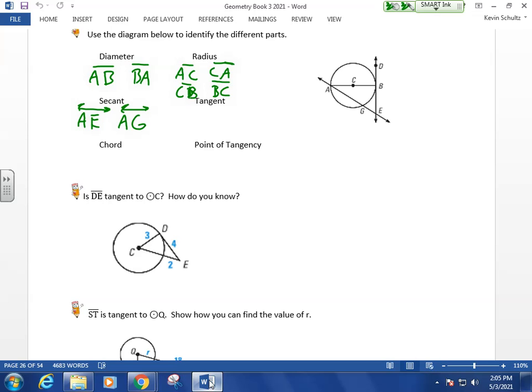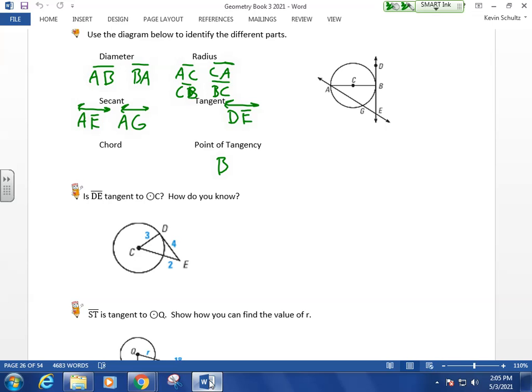Tangents. What are our tangents? Christopher? DE would be a tangent, and you could put that as a segment or a ray or a line. Actually, it doesn't make a difference. ED would also be fine there. If you put line DB to put the point of tangency, that would be fine, but the point of tangency is point B there.